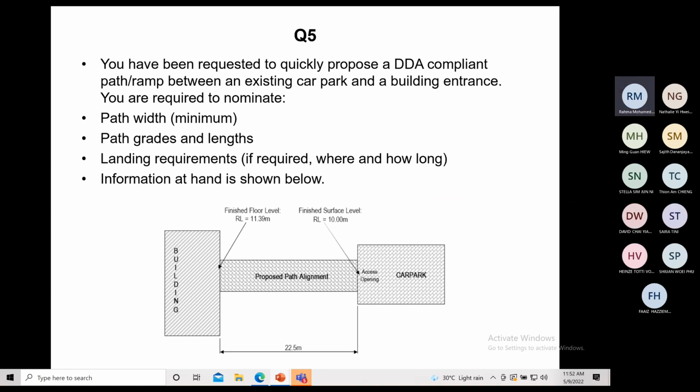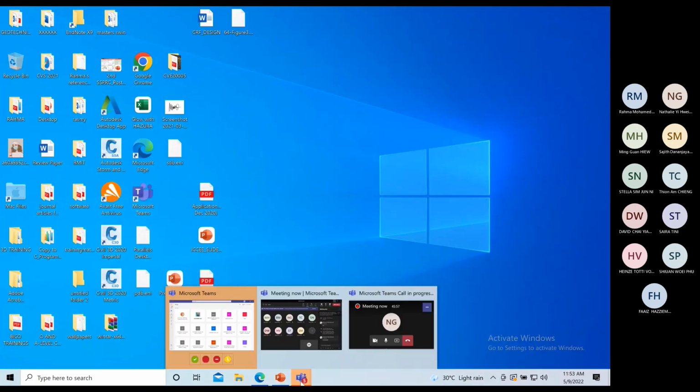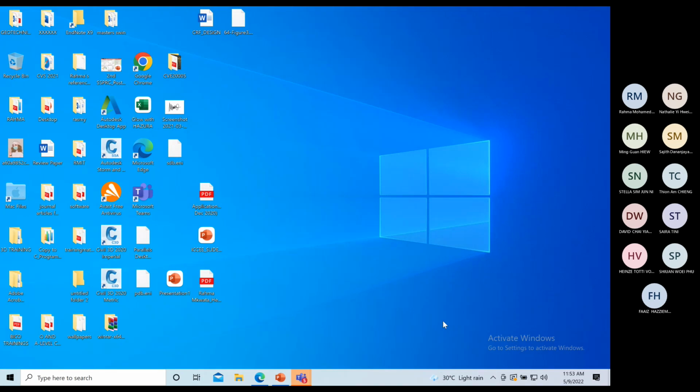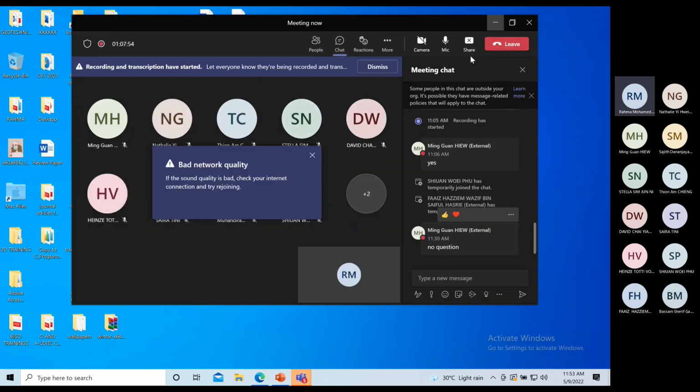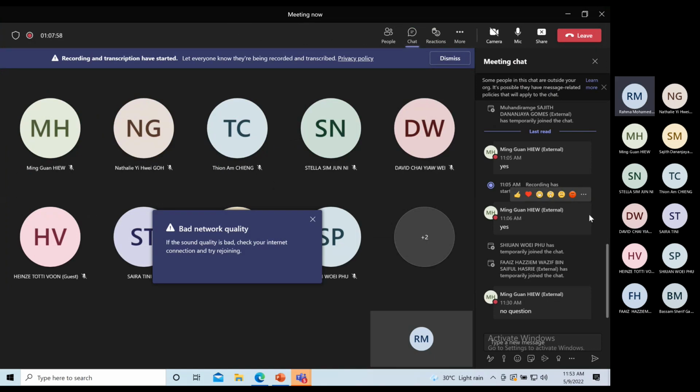Then we'll come and discuss. If anyone has the design already, then you can share your design with us. Otherwise, I'll give you 10 minutes for you to try so that you know how to design.